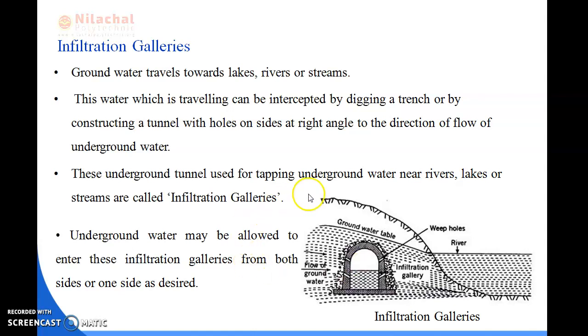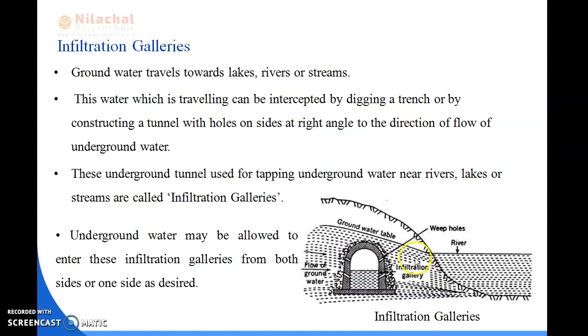This underground tunnel used for tapping underground water near rivers, lakes and streams is known as an infiltration gallery.